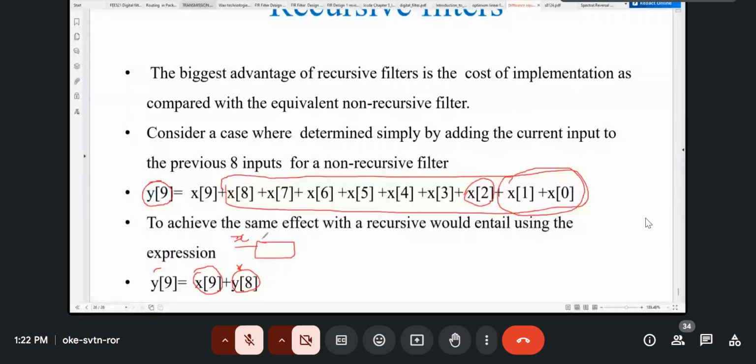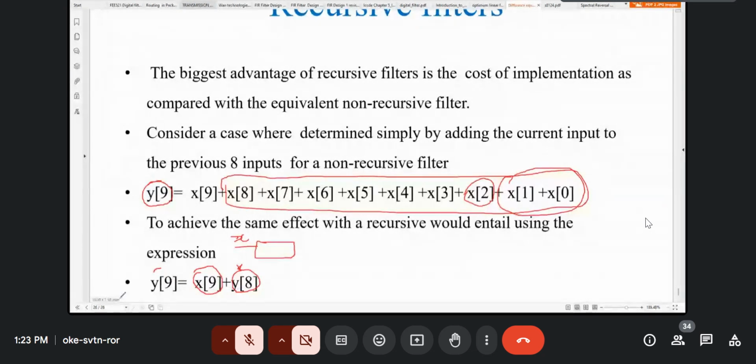But you could achieve the same effect with a recursive filter, where y[9] is simply x[9] plus y[8]. Because up to here is y[8], up to here is y[7], up to here is y[6]. So to get y[9], you simply get x[9] and add it to y[8].